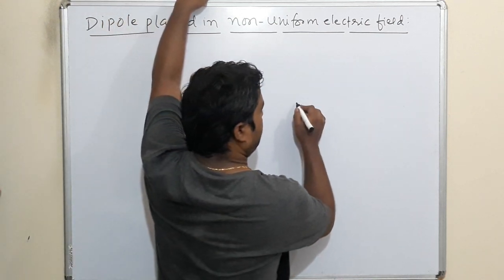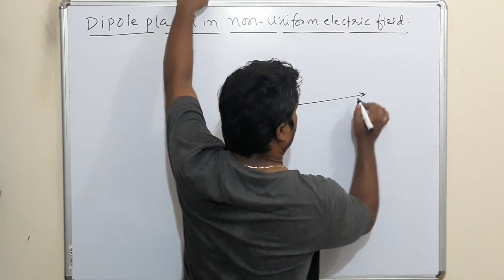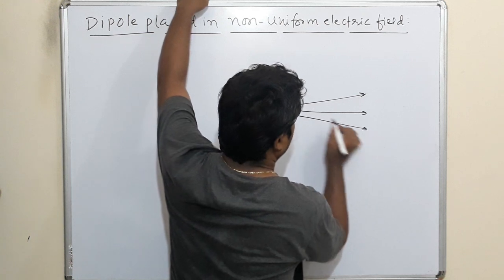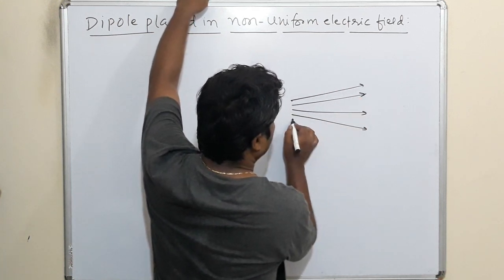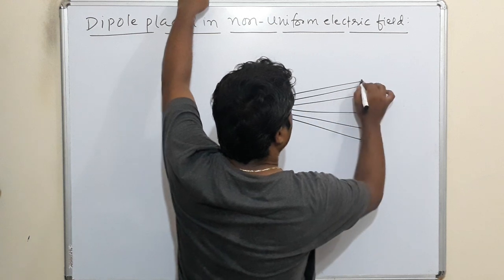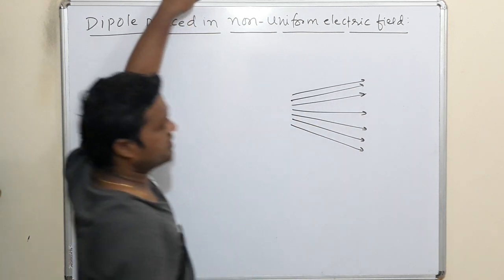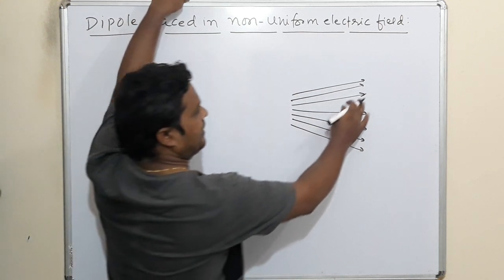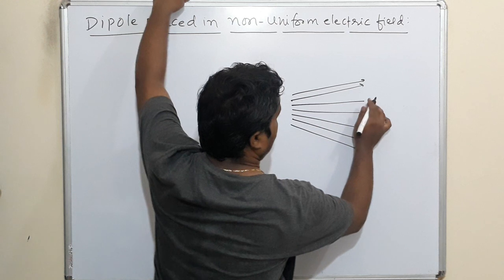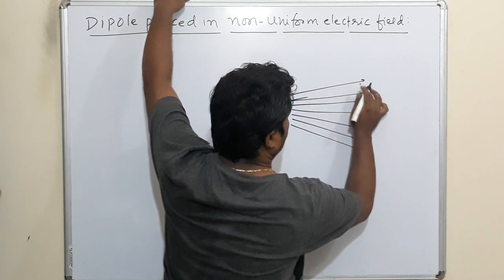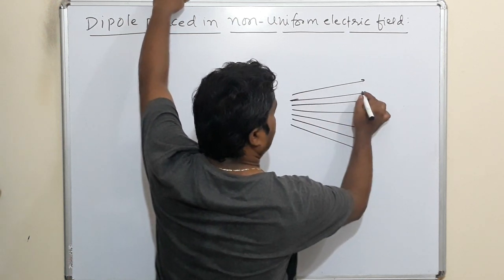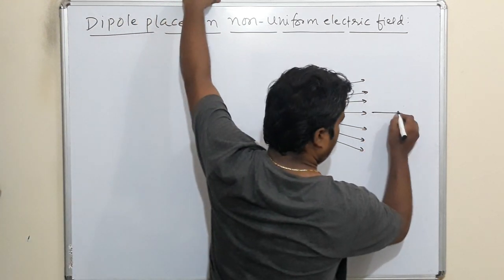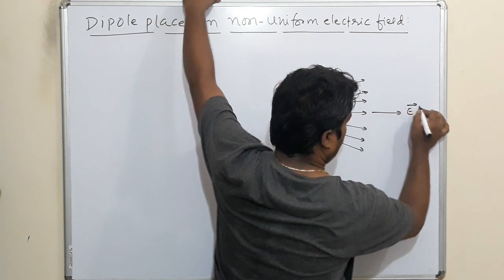Suppose the electric field lines are not equidistant, and the lines are like this: on one side they are closer to each other, on one side they are far away from each other. If they are like this, then this will represent a non-uniform electric field. This is the direction of the field, but this field is not uniform.